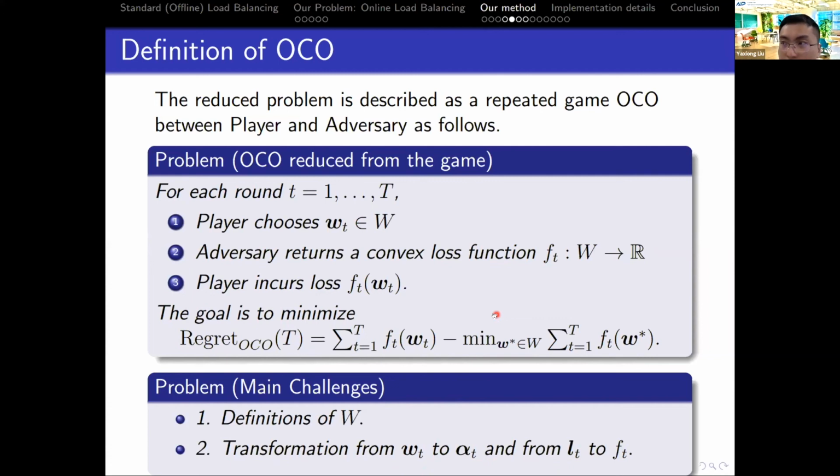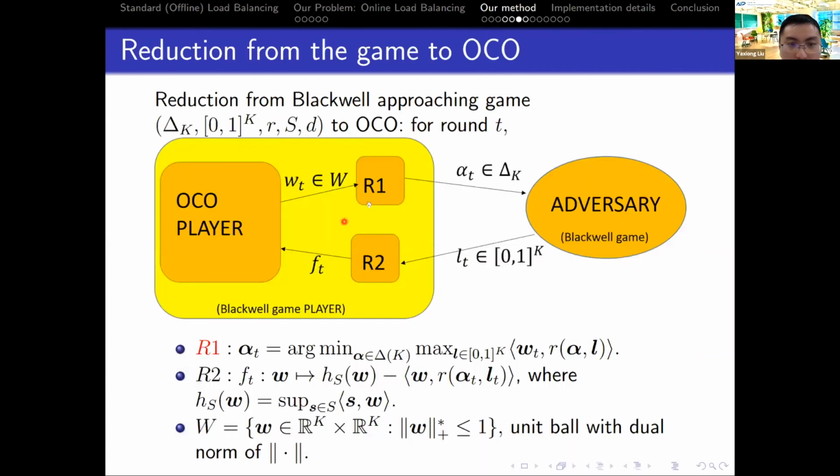So what convex function is received, and what kind of prediction it gives. Of course, we can see here in the reduction part, the player of the Blackwell game is composed of two parts, the OCO player and two reductions.